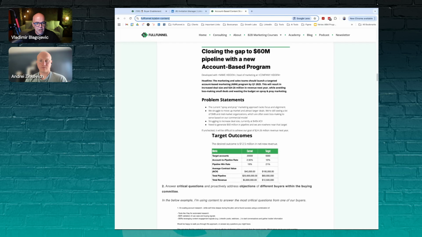Or a threat to a high priority business objective. This is exactly what this document does. We know that they have this specific revenue goal. They didn't meet the goal this year, and they're looking for solutions to that, right? So that's how we are positioning this.